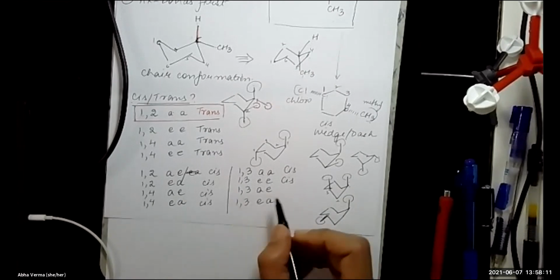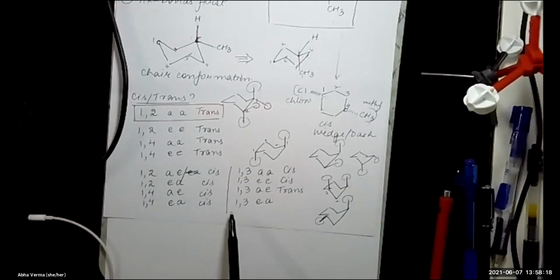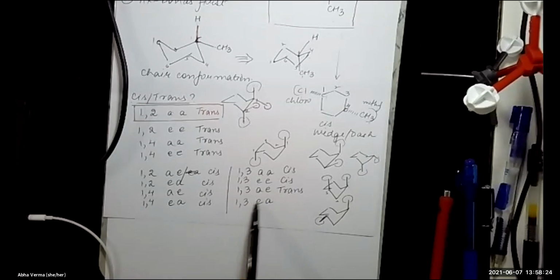And so what would be the relationship here? It would be trans. What about 1, 3 equatorial axial? What would happen to them? They are exactly the same, right? I just switched the locations here. So what would happen to 1, 3 equatorial axial? Would it be cis or would it be trans?